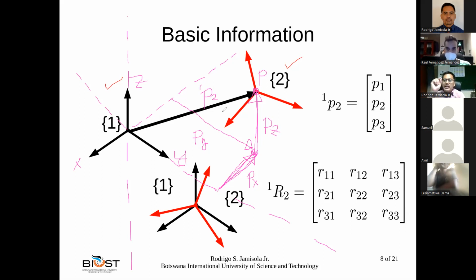There is that point in space where the components along X, Y, and Z we can decompose in order to know the position of that point in a three-dimensional space. I think that one is very clear. So in order to define the position, we need a vector of three components in a three-dimensional space.